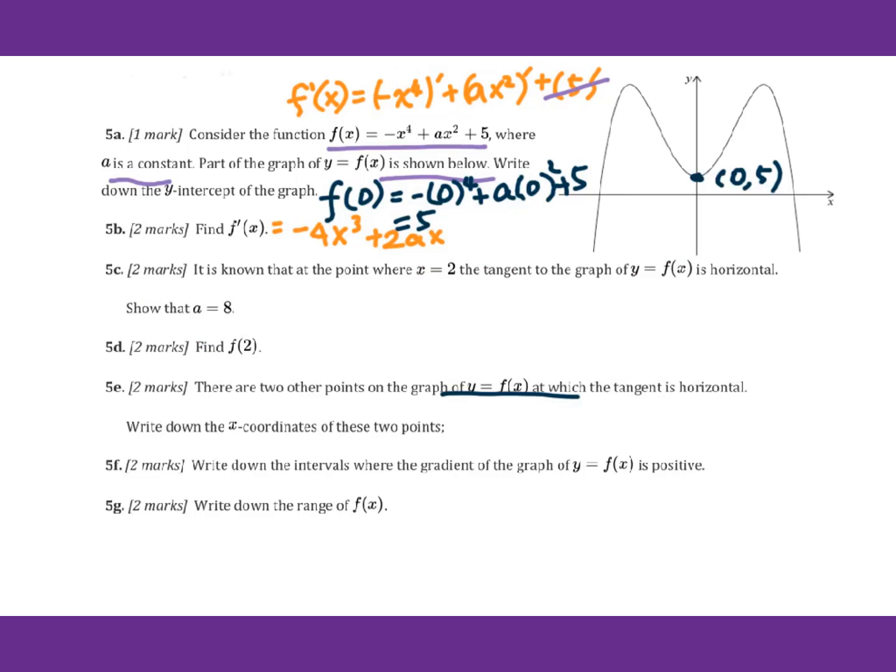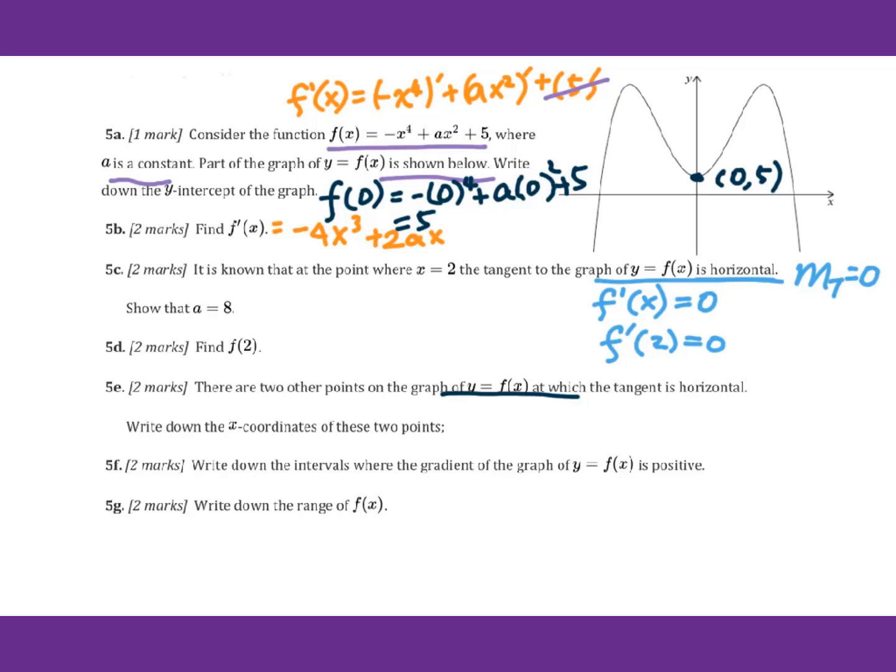Let's go to 5c. It's known that at the point where x equals 2, the tangent to the graph is horizontal. That means the slope of the tangent line equals 0. So we have f prime of x equals 0. That means f prime of 2 equals 0.